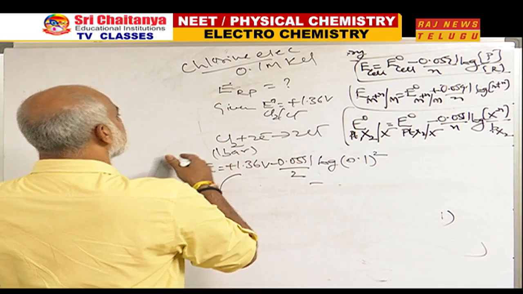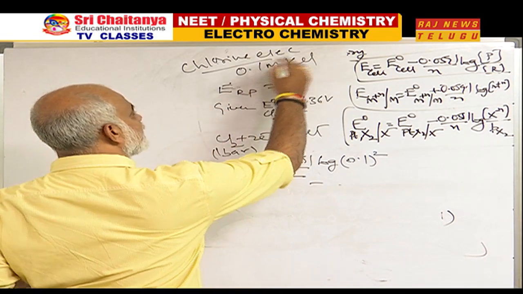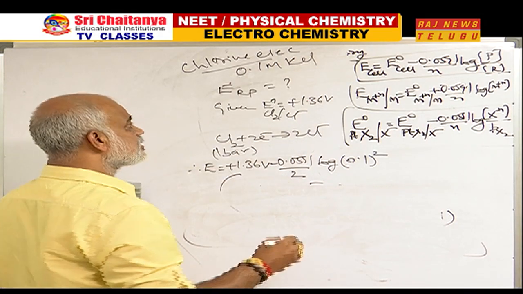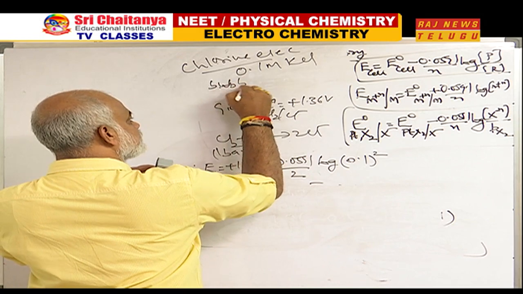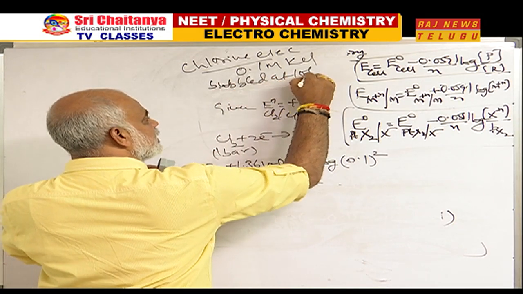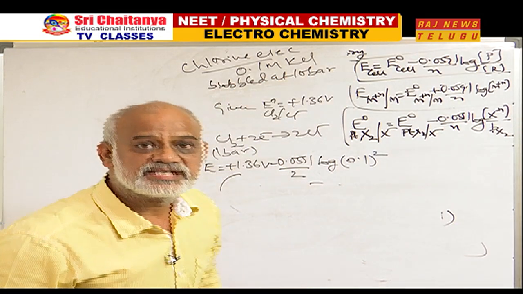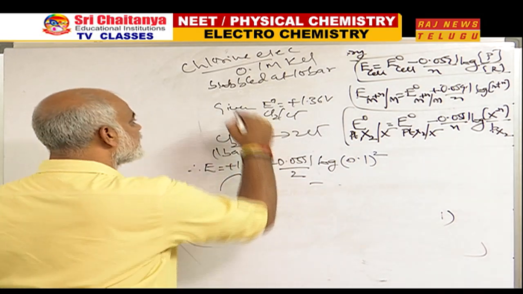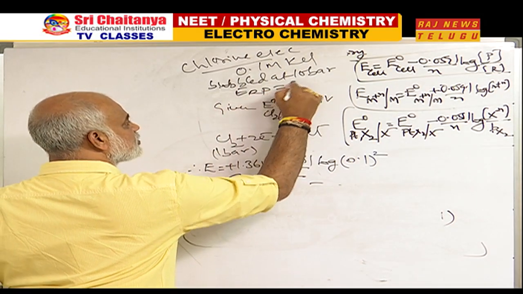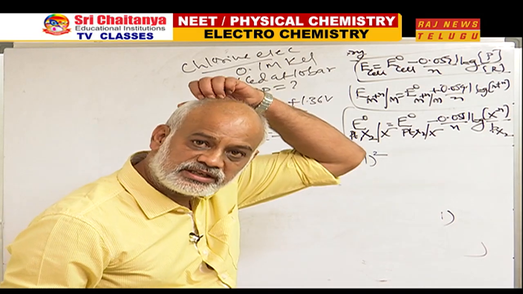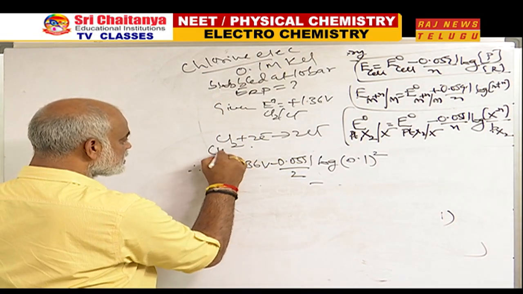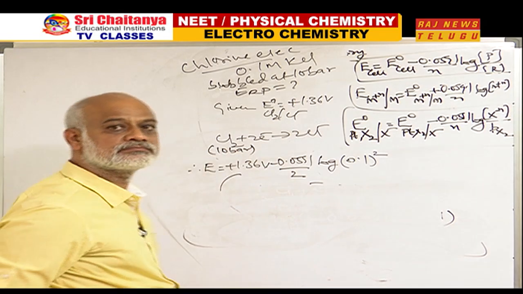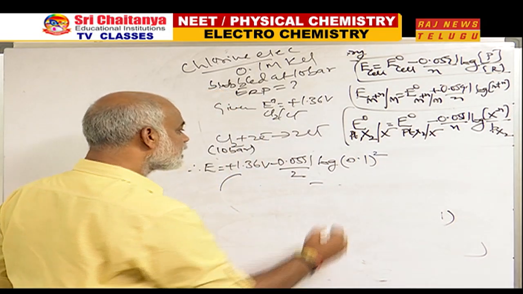Let us say a chlorine electrode in contact with 0.1 molar KCl, bubbled at 10 bar, is the question now. The question is slightly changed now. At 10 bar, ERP is equal to how much? Now the problem here is this is equal to 10 bar, so you cannot leave it.